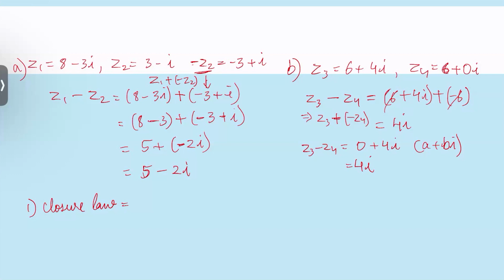We saw that this is also valid from the example that we just saw between Z1 and Z2 and Z3 and Z4. So this is a complex number, and this is also a complex number. So closure law is followed.